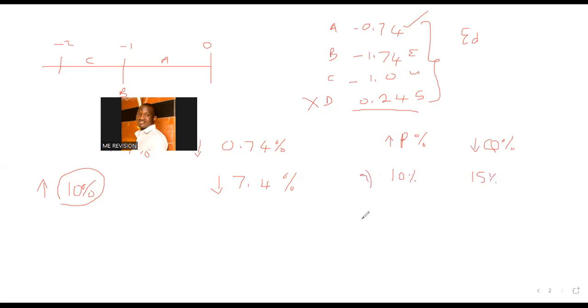B: the price increased by 100%, the quantity decreased by 9%. And C: the price increased by 5% and quantity decreased by 5%. Which one of these depicts an inelastic situation? A, B, C, or D?